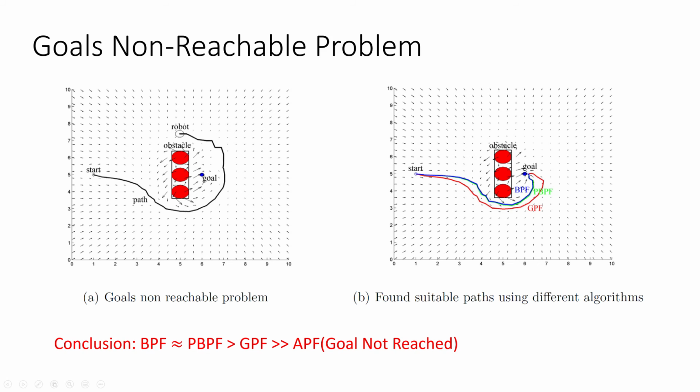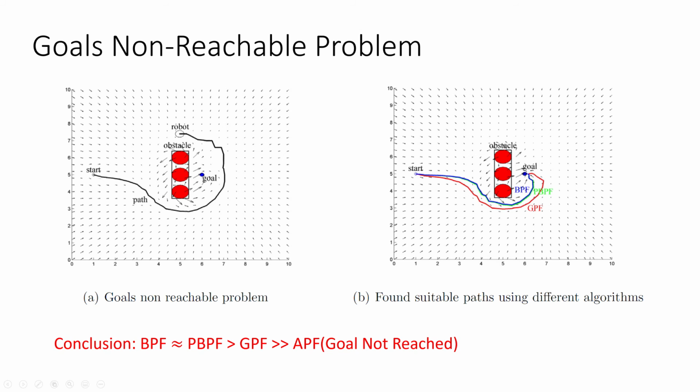And for the goal not reachable problem, it differs from the second problem in that it happens especially when an obstacle gets very near to the goal. So you can say that there are many repulsive forces near the goal, so the robot cannot easily get to the goal according to the forces applied by the potential field.